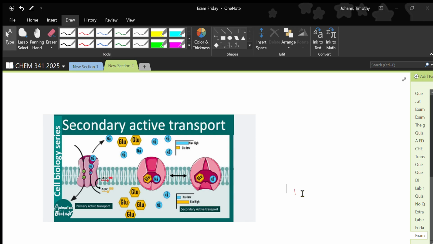And these get brought back in. Or actually, maybe the ATP may go at the same time. Sorry, I'm going to have to look at my notes to remember exactly what this is. But part of this process involves a proton bringing it back in. And it may be that we have an antiporter that actually has the H plus involved as well.